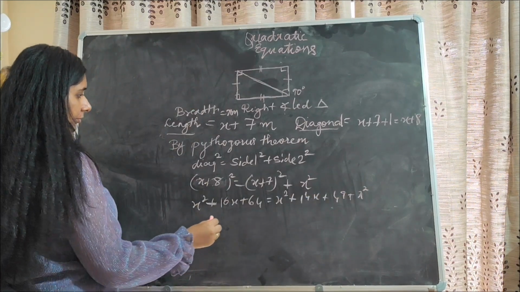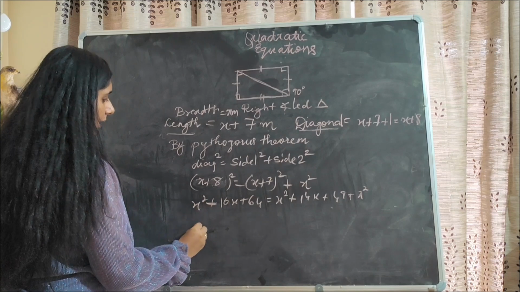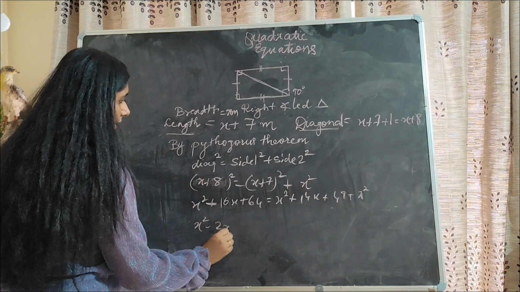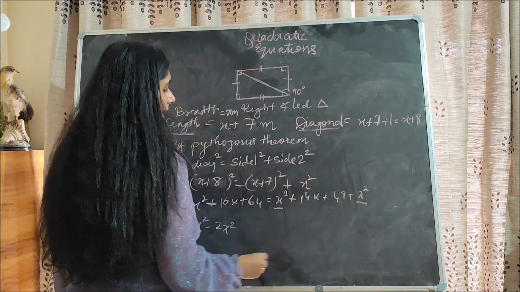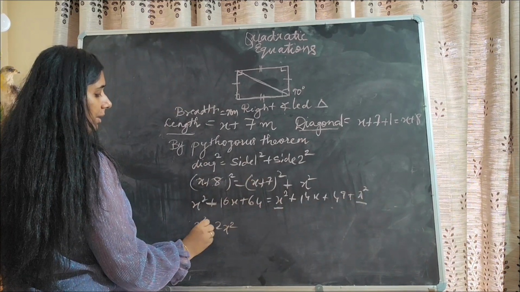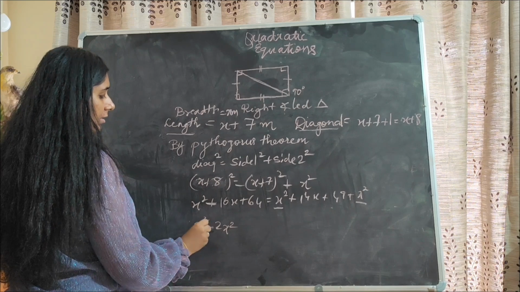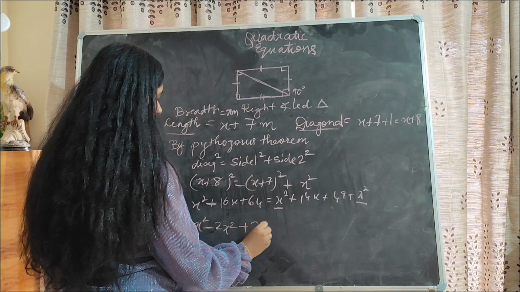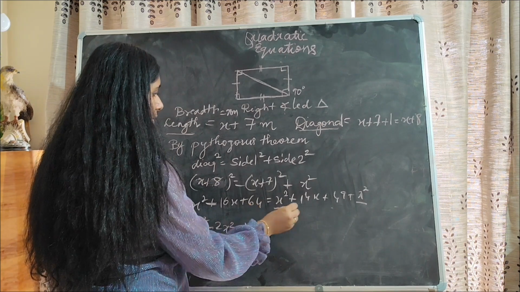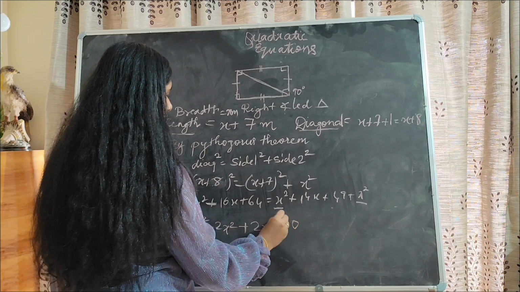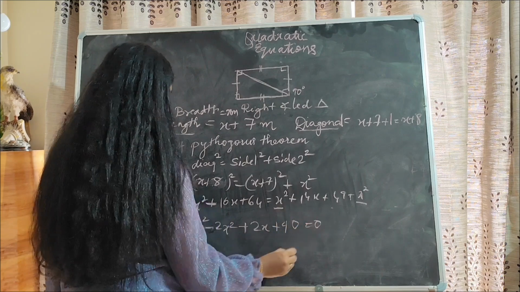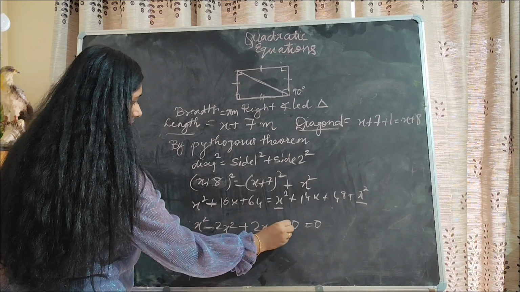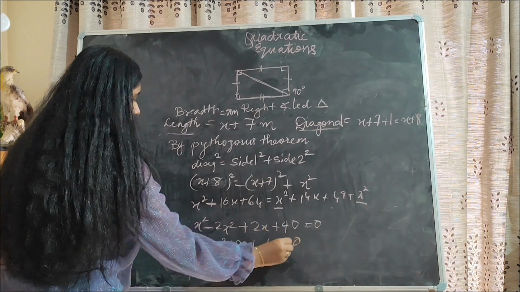So when you gather the terms of x square, we will get x square minus 2x square. This x square and this x square will be added, and when you take it on the left hand side, it will become negative. So this is minus 2x square. 16x minus 14x is 2x, and 64 minus 49 is 15. So you will get minus x square plus 2x plus 15 is equal to 0.